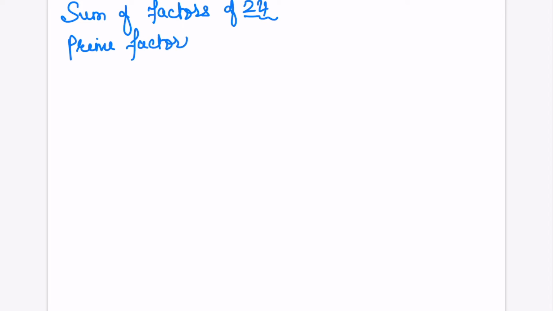In order to calculate the sum of factors of 24, I will show you with the same example, 24. Again the prime factors of 24 are 2 power 3 into 3 power 1.